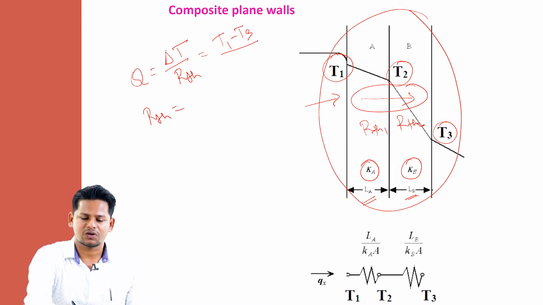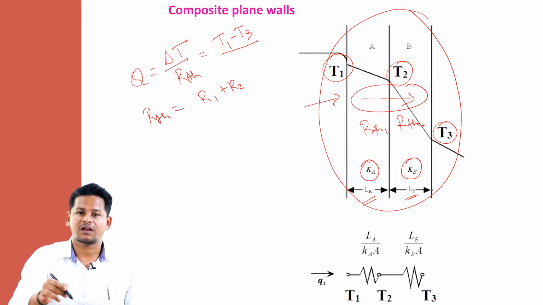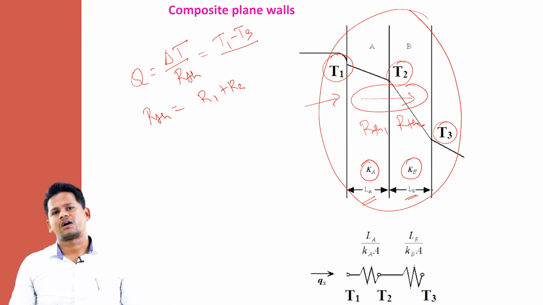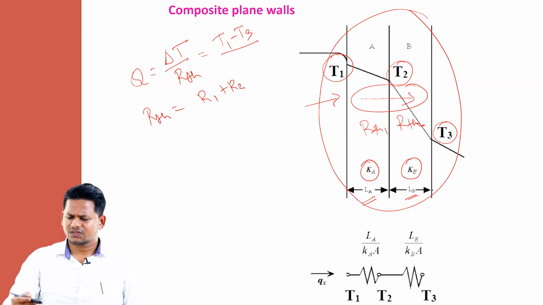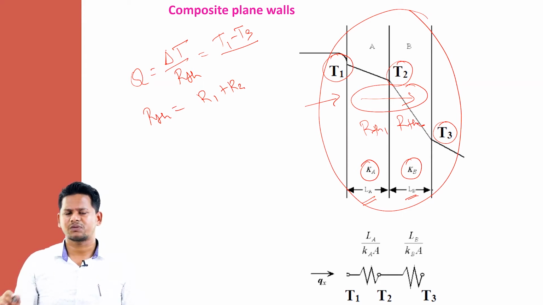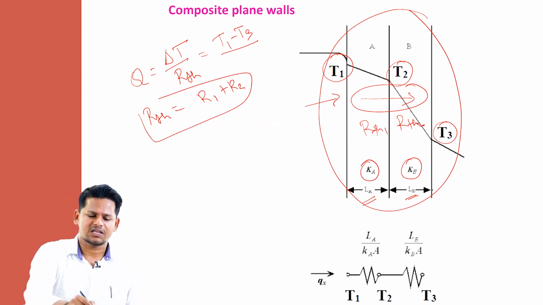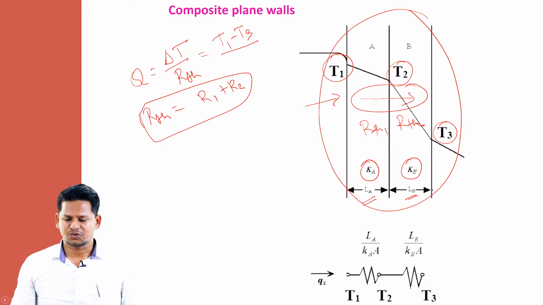It's very simple: R1 plus R2. If they are in parallel, 1 by RT total is 1 by RT1 plus 1 by RT2. These two are in series connection, not in parallel connection. So easily we can find this value. RTH is nothing but R1 plus R2.